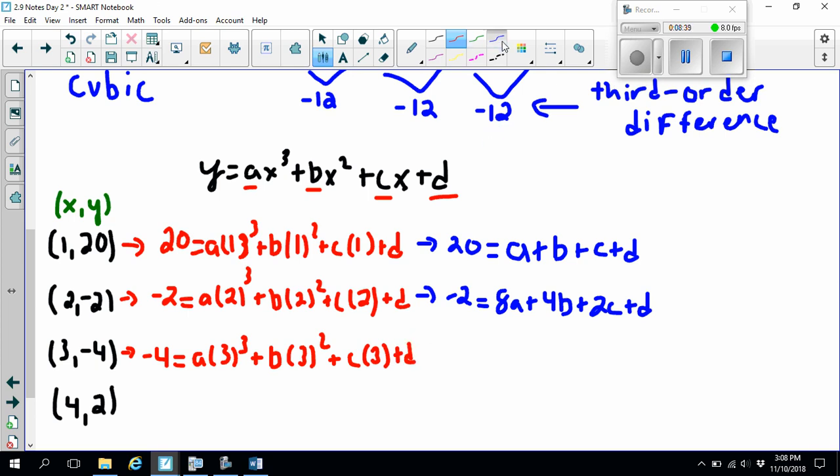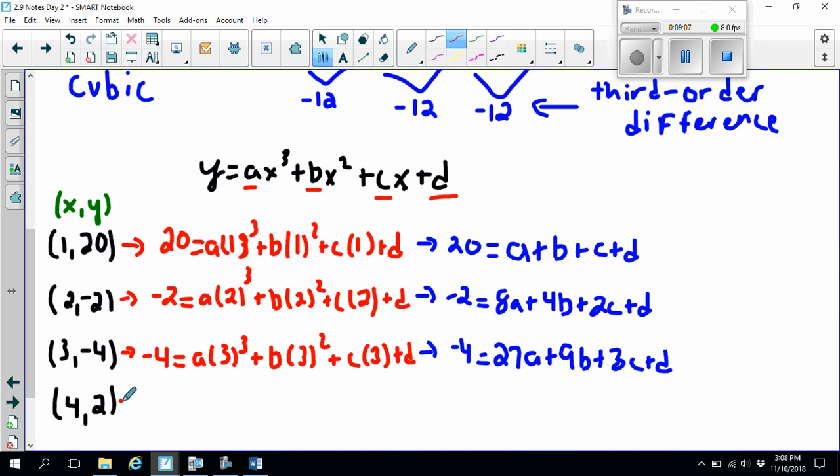To simplify this, we have -4. Now we evaluate 3 cubed, and that gives us 27, so we have 27a. Then 3 squared gives us 9, so we have plus 9b. Then c times 3 gives us plus 3c, and then plus d at the end.